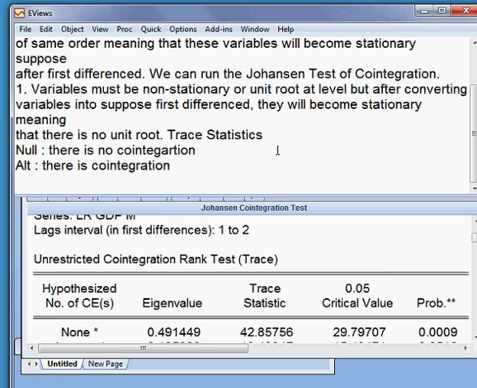So there is no co-integration among GDP, LR, and M. And there is co-integration among GDP, LR, and M, right? That is the alternative hypothesis.